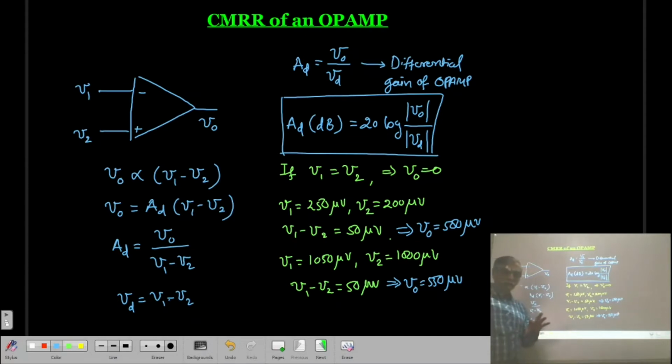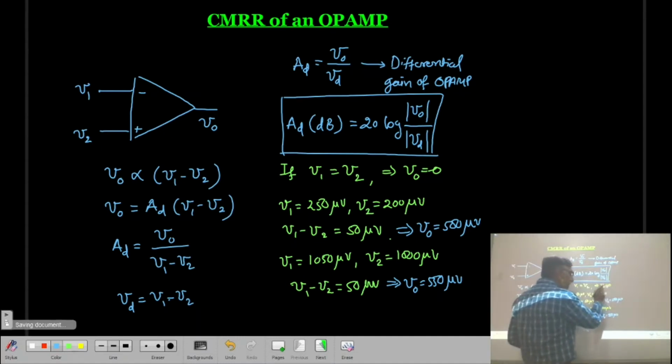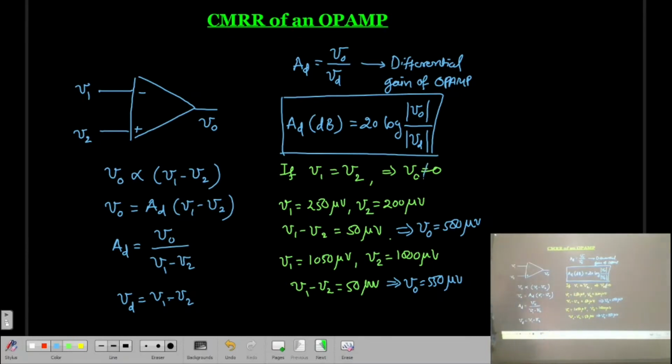So two things you have to remember. First, if the two input voltages V1 and V2 are the same, then in an ideal operational amplifier the output voltage must be zero, but practically the output voltage is not zero. Second, if we apply input voltages with the same difference, 50 microvolt, and measure the output voltage, it is 500 microvolt.